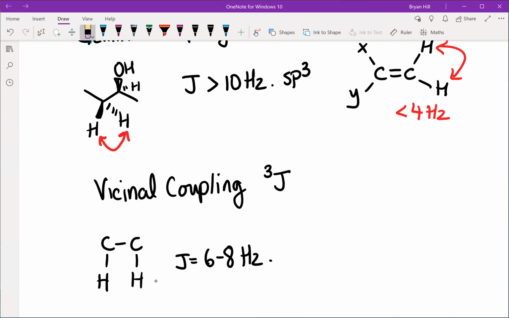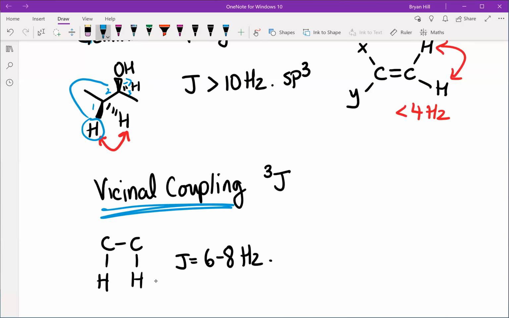If we're talking about our 2 little diastereotopic protons here, this guy can couple with this proton way over here, and this is a 1, 2, 3 bond vicinal coupling.